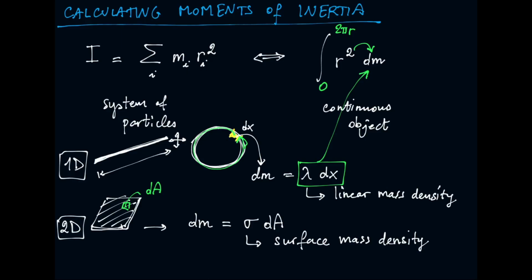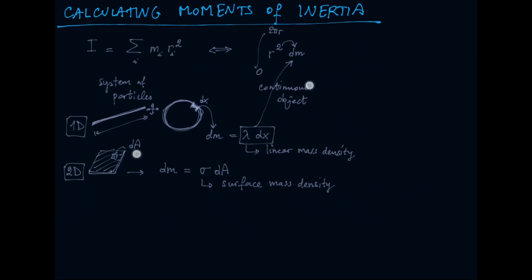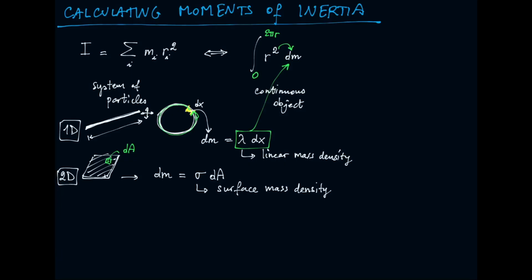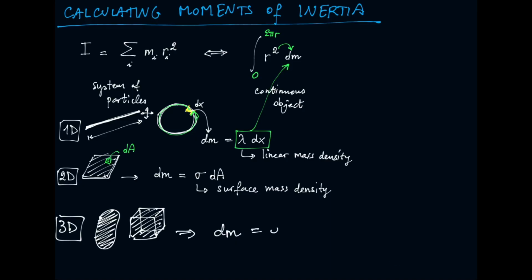And last but not least, let me zoom out a bit, is the case where I have a 3D object, the most general situation, like the potato that I drew, or a bean, or exact shapes, solids like a cube or a sphere, a full cube, not a hollow one. Then I write dm as rho times d volume, meaning a little volume element in this object has a mass proportional to that element times the density in that place.